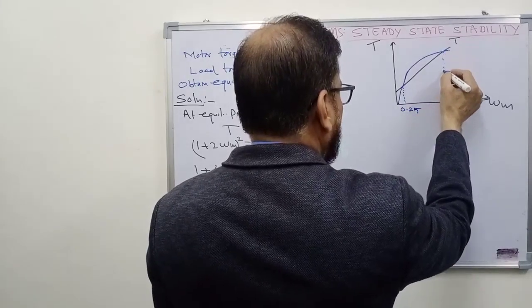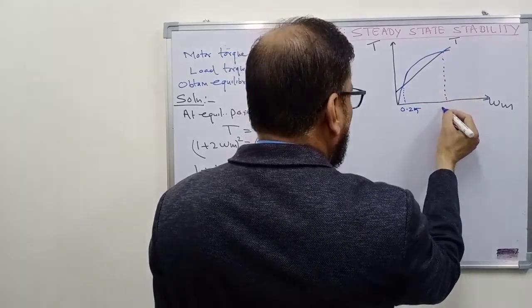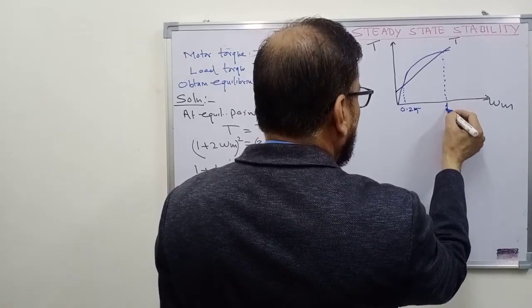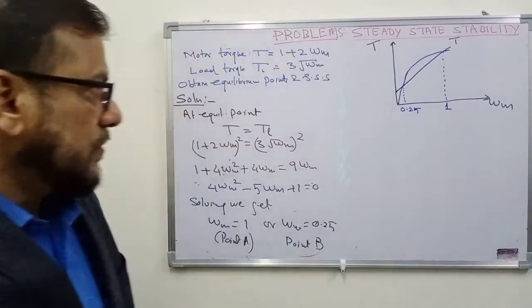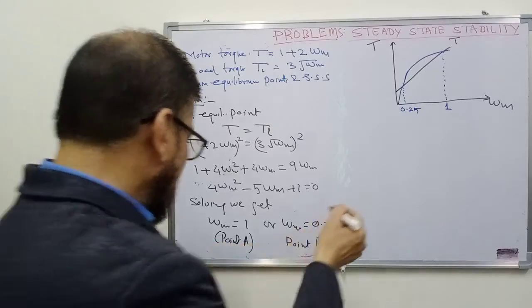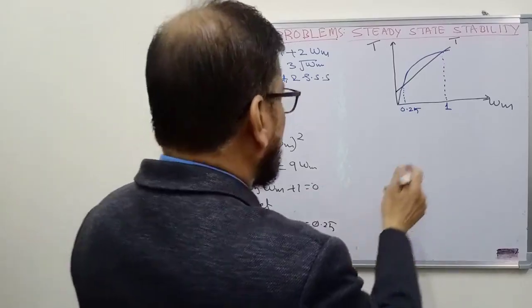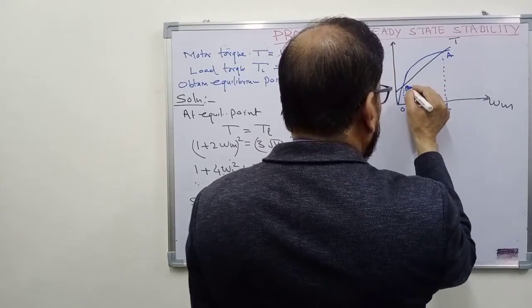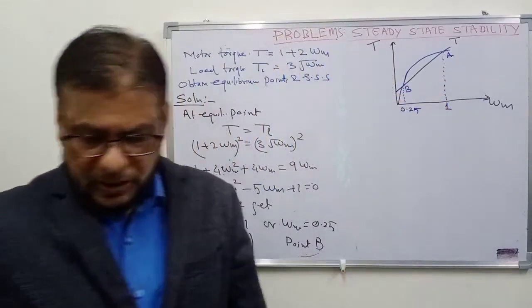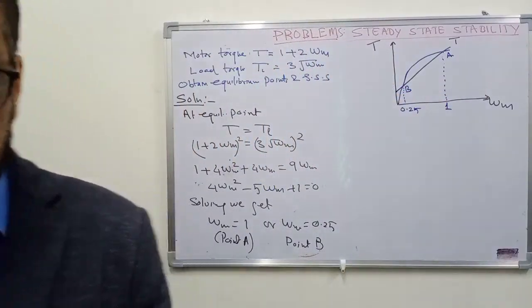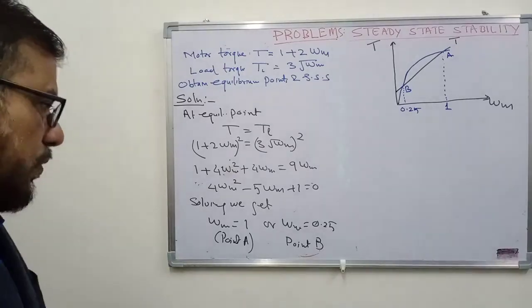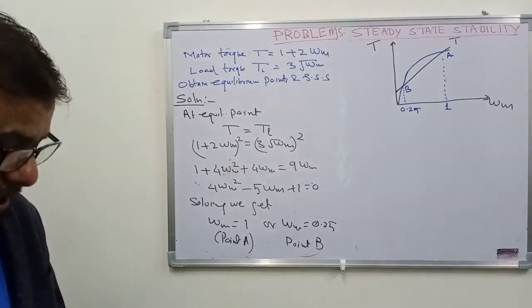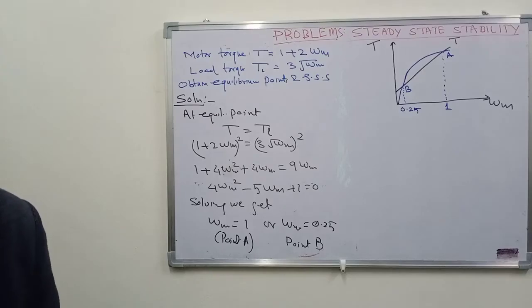The other solution comes at omega equal to 1. So omega m equal to 1 I have called point A, and this I have called point B. Now you have to check whether these points are stable points or unstable points.